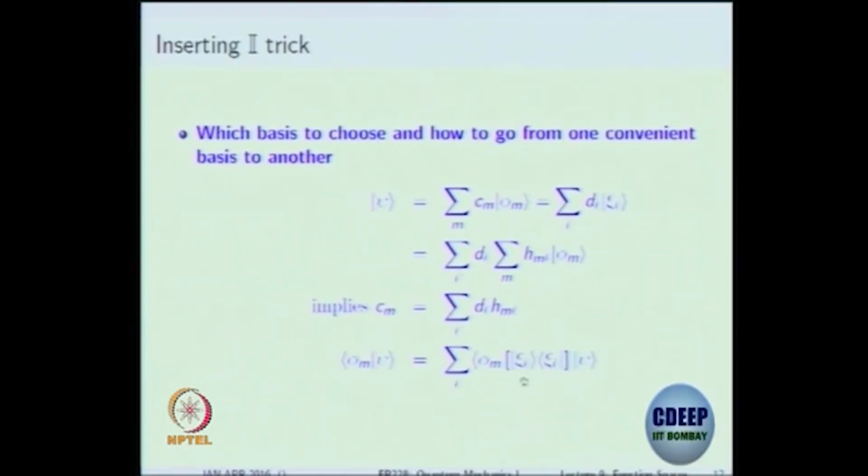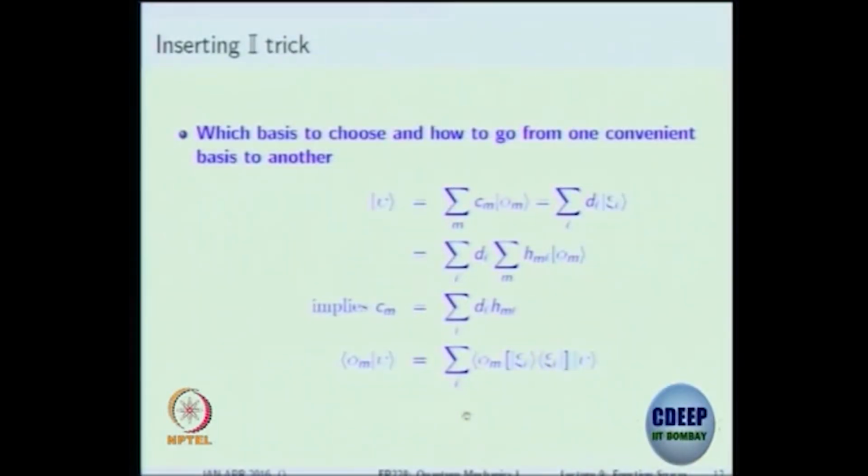Is that right? And what about dl? dl is xi l with the arbitrary state. So I put this in square bracket. Can you see why? What is that square bracket with summation over L? It's an identity. Okay, the left hand side is the same as the right hand side.